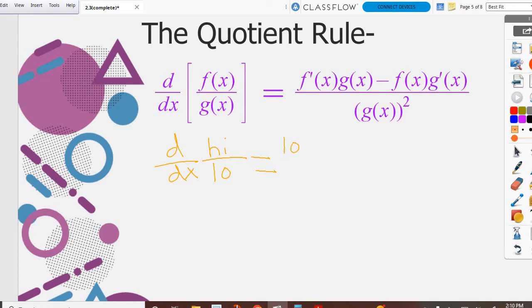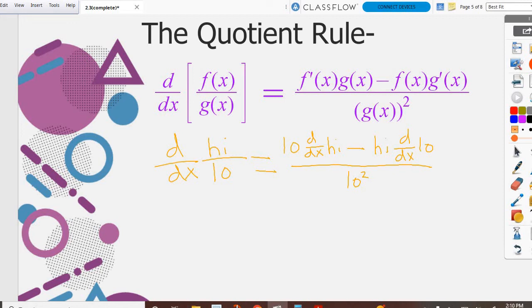So it's low d high minus high d low, all over low squared. If you want to make it a song, you can. So it's low d high minus high d low all over low squared.